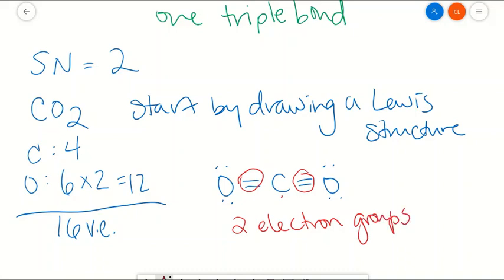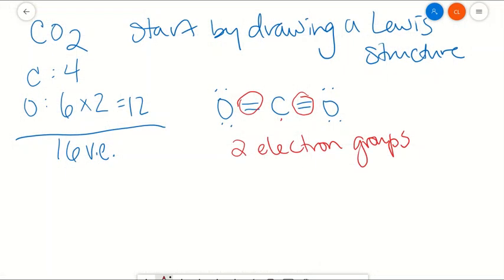Then the next thing you want to figure out is how many are bonding groups and how many are lone pair groups. So 2 of the groups are bonding, and we have 0 lone pairs. And this is the process we're going to go through for every single one to figure out the shape. So steric number 2.